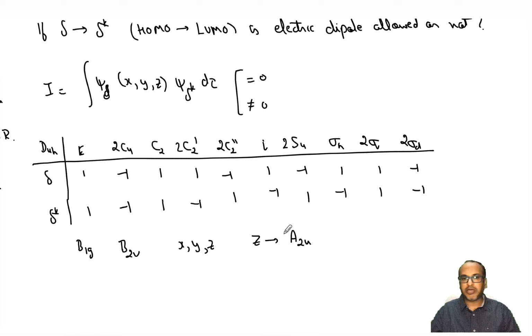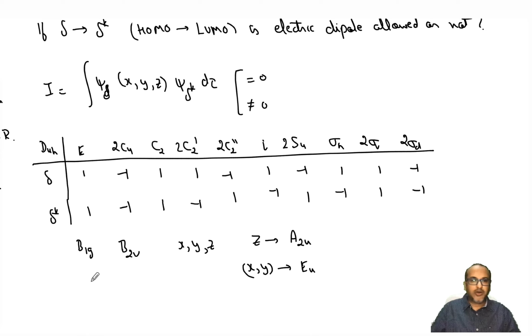This can be read from the character table. The unit vector transformations are written in this area, and from there you can find out the irreducible representation corresponding to Z. And XY is jointly forming the basis for the Eu representation.